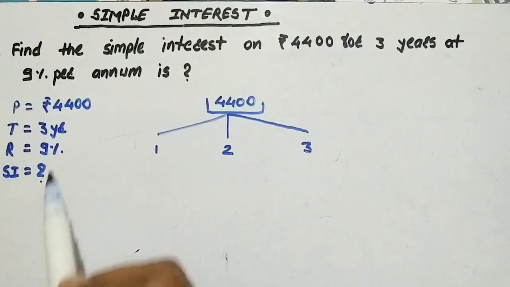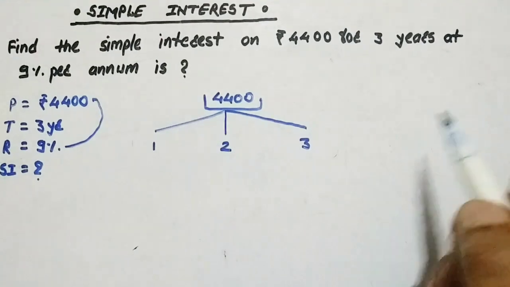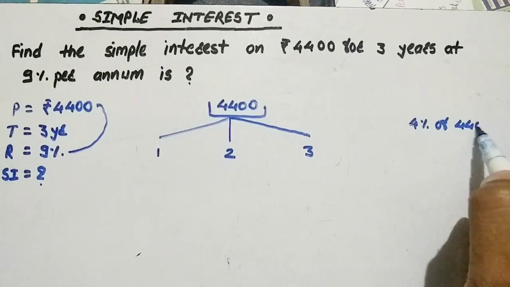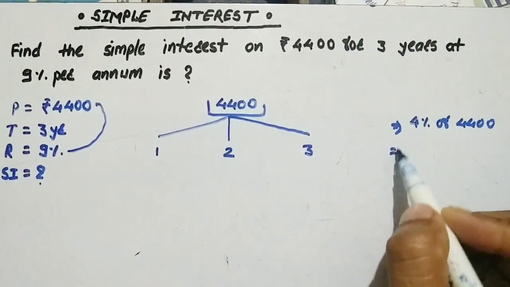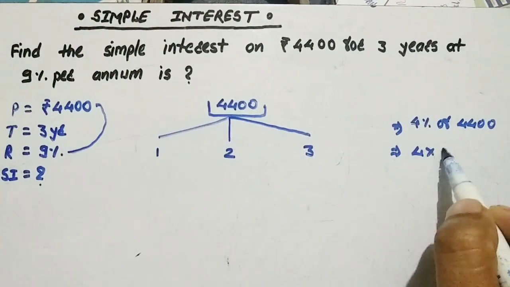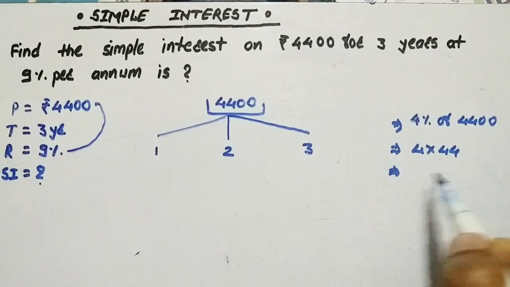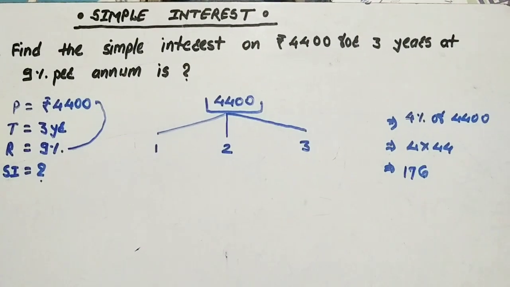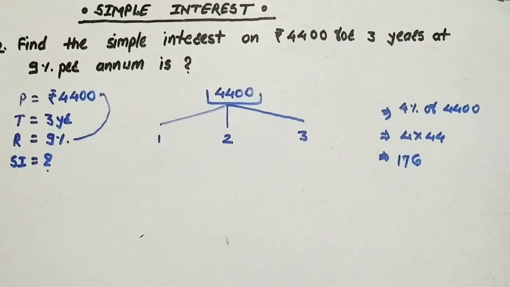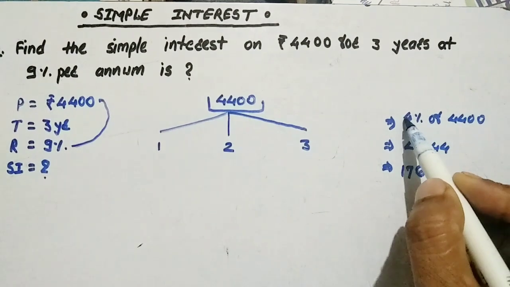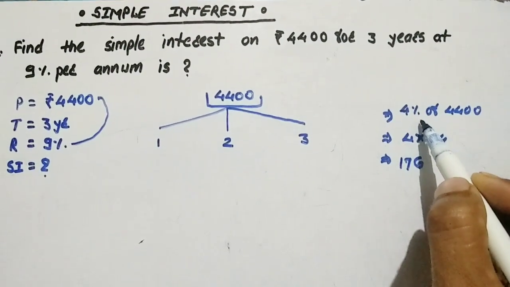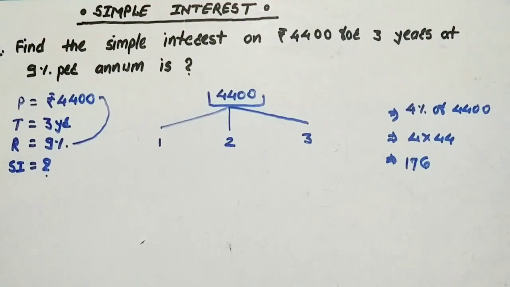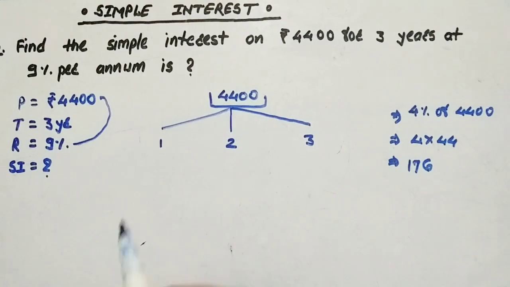So 4%, 4% of 4400. 4% means divide by 100, 100 and 00 cancel out, 4 into 44, that is 176.